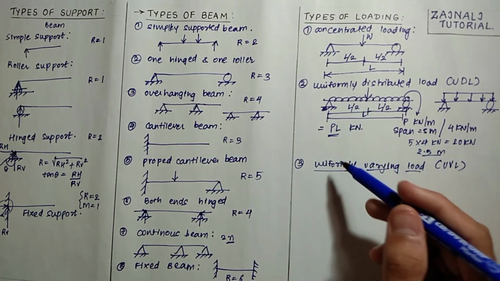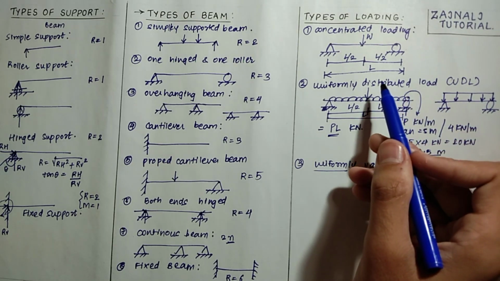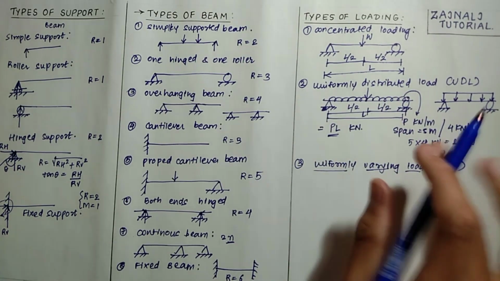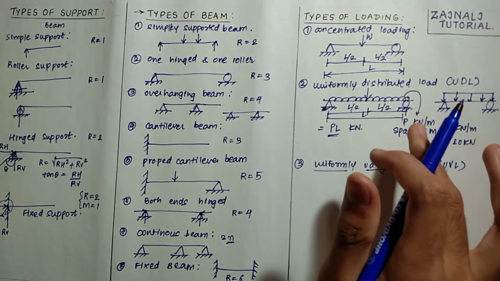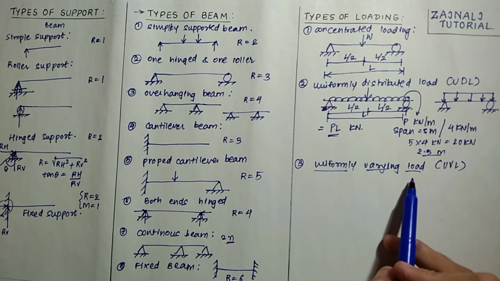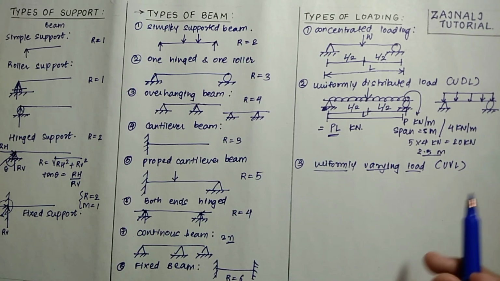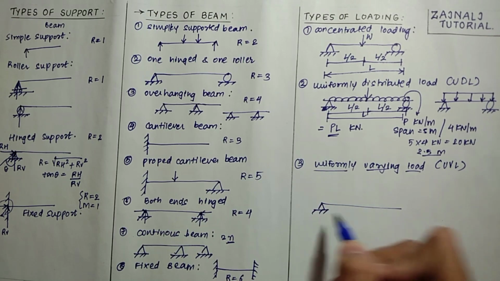I told earlier that this type of loading is uniform, but that was my mistake. In uniformly distributed load, the intensity of the load remains the same throughout its length, but in case of the uniformly varying load, the load varies uniformly from one point to the other point. The load diagram can be represented as follows.